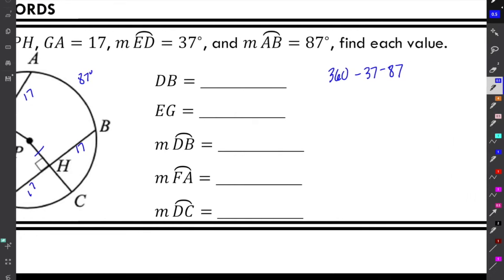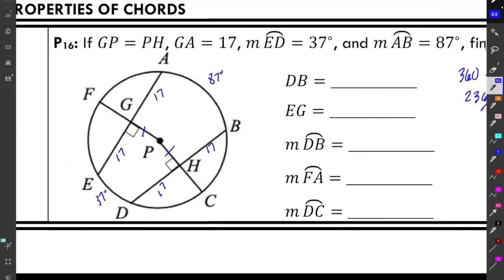Remember, this is the sum of the two congruent arcs. So to get what they are by themselves, you do 236 divided by 2, which comes out to 118 degrees. So AE is 118 and DB is 118. So their parts are 56 degrees each.